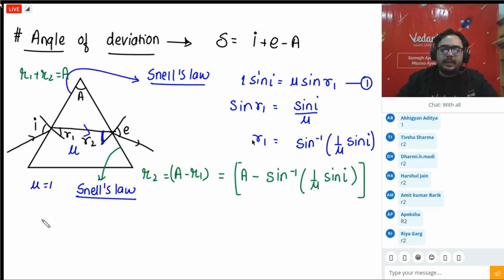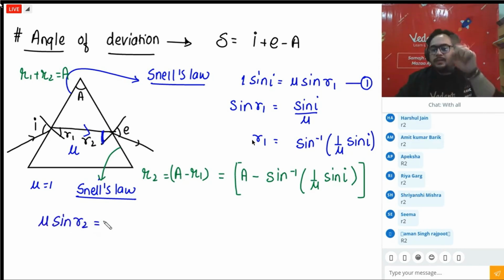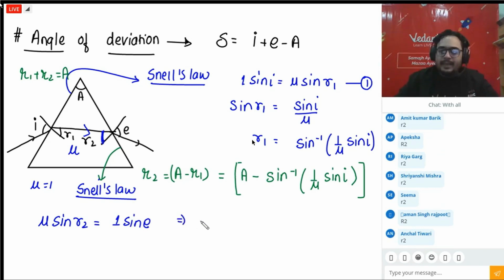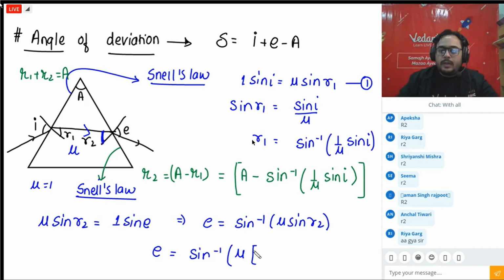Okay. So mu sine R2. Outside is 1 only. So 1 sine E. Am I correct? So can I say E is equal to sine inverse of mu sine R2? Understood or not? If you put the value, you will get sine inverse of mu into A minus sine inverse of 1 by mu into sine I. Did it blow your mind?